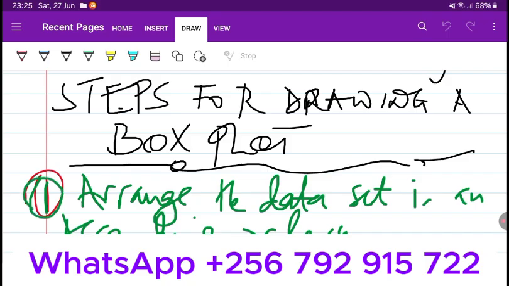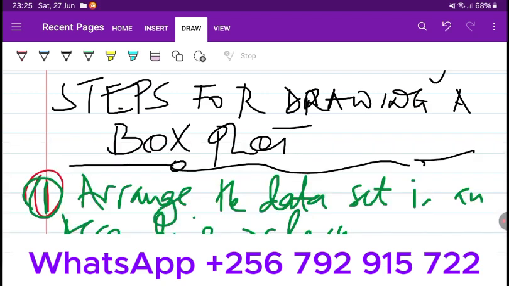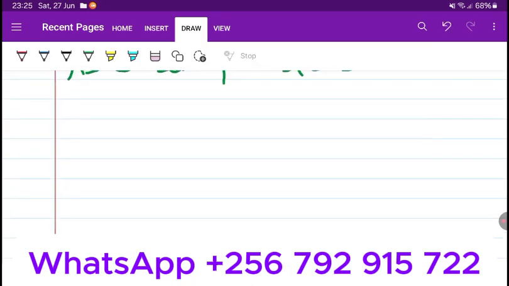You arrange the data in what we call the ascending order. Then the second step is to find the five number summary of the data set. Those are the 5 numbers that you must know.